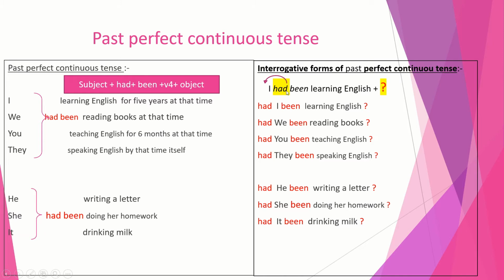So: Had I been learning English? The only thing we did is bring had in front of the subject, write the remaining sentence as it is, and add a question mark.